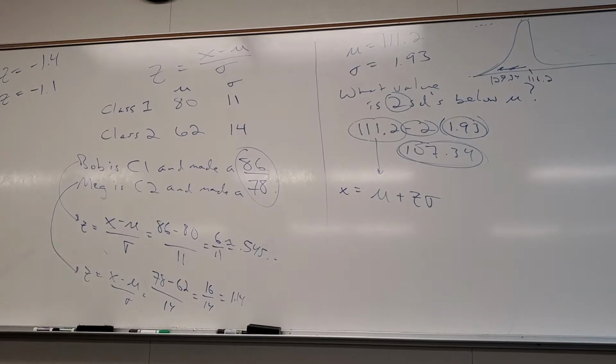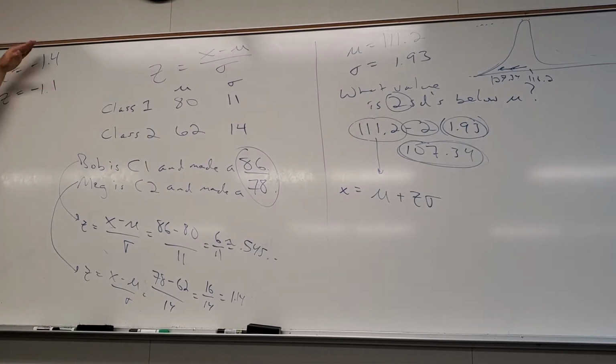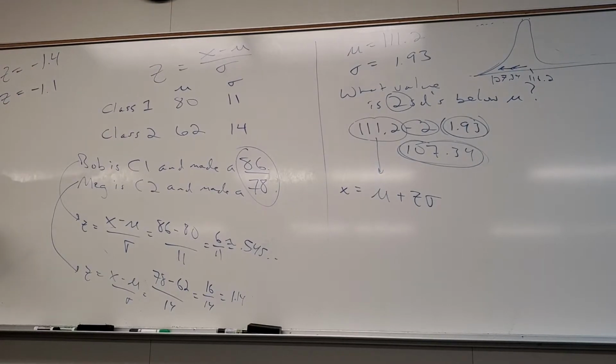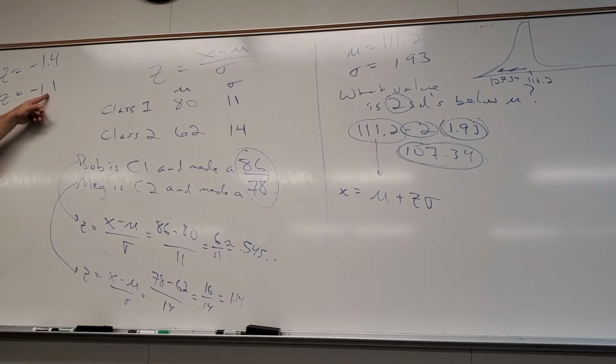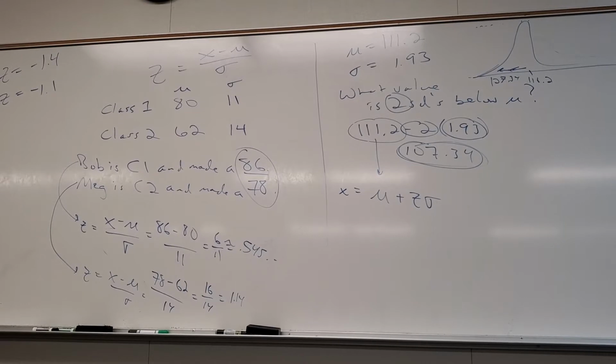This other person, his score was only 1.1. Did either one of them do well? No. But who did better? Second one, because it wasn't as far down as the first one. It's only 1.1 steps down instead of 1.4 steps down. They both did worse than average, but the second dude didn't do as bad because it's not as far down.